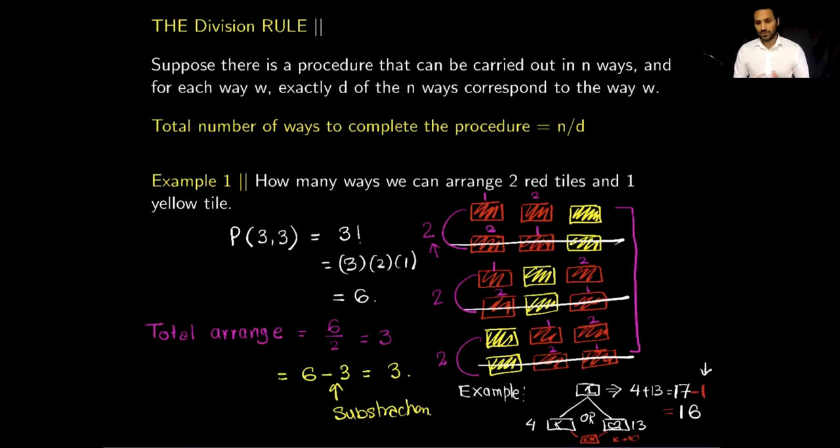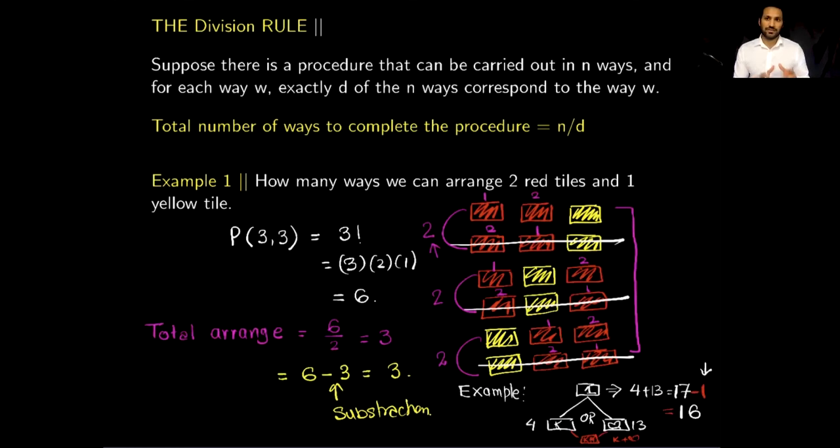Now we compare this example with the example we have in this question. As you can see, in the subtraction rule, there was only one way which had a repetition. But in the division rule, every way has some repetition.